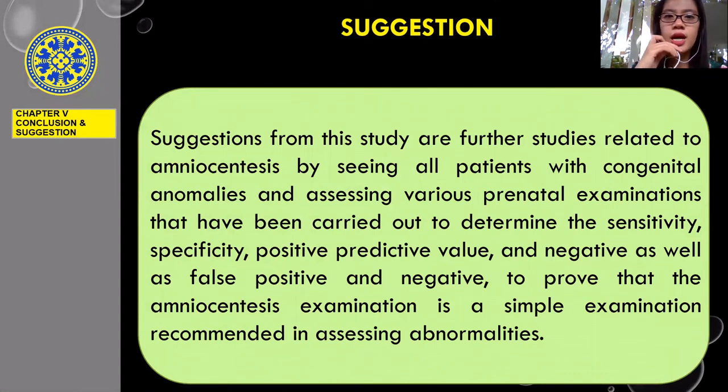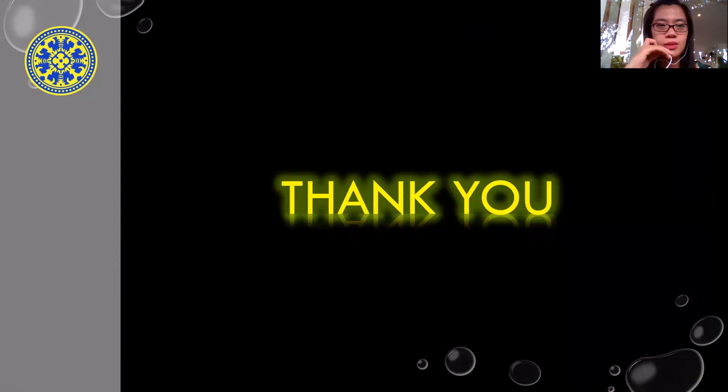And the suggestion from the study is that more further study related to amniocentesis is needed, seeing all patients with congenital anomalies and assessing various prenatal examinations that have been carried out to determine the sensitivity, specificity, positive predictive value, and negative predictive value, as well as false positives and negatives, to prove that amniocentesis is a simple examination recommended in assessing abnormalities.